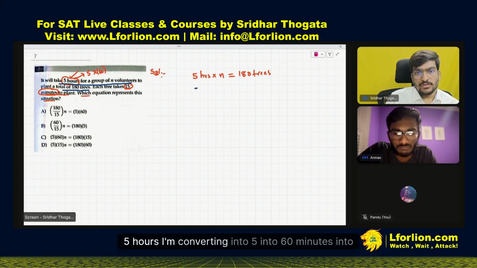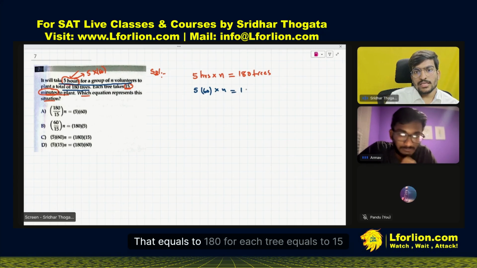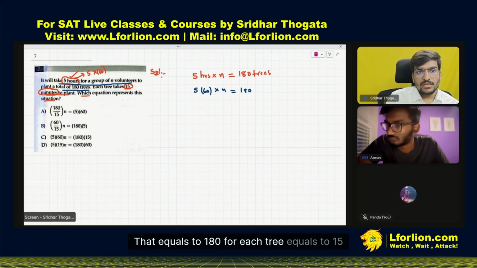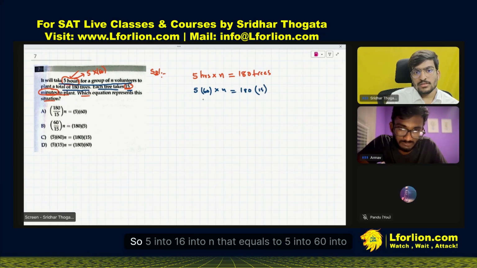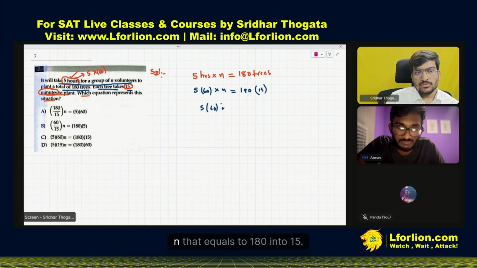Here I'm converting 5 hours into 5 into 60 minutes into n, and that equals 180, but each tree takes 15 minutes. So 5 into 60 into n equals 180 into 15. That is option C.